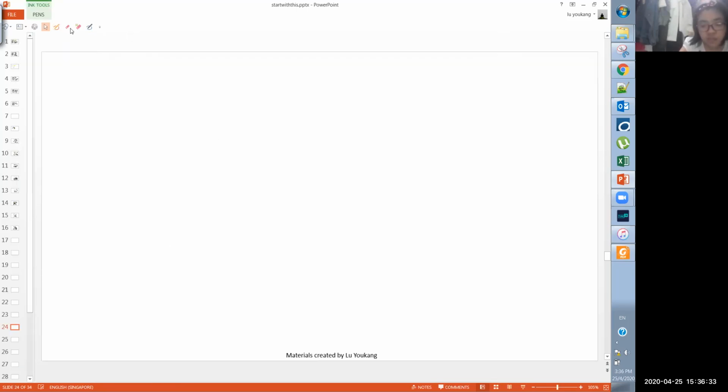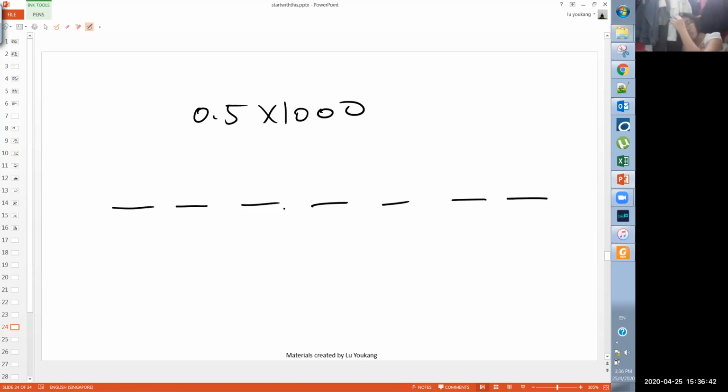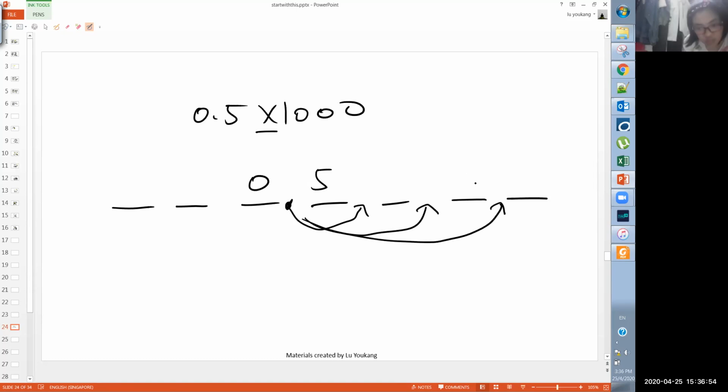So let me go by 0.5 times 1000. So see what we have. First, I start with the blank space. So I put a dot here, 0.5. 1000 means to the right. Times means to the right, 3 places. 1, 2, and 3. So that means my dot is here already.